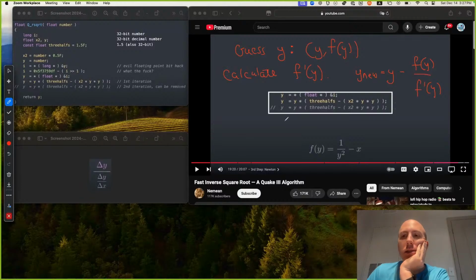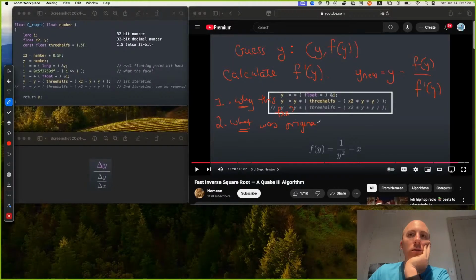I guess it's just several questions. Why this function? What was the original y guess? And number 3, what is x?